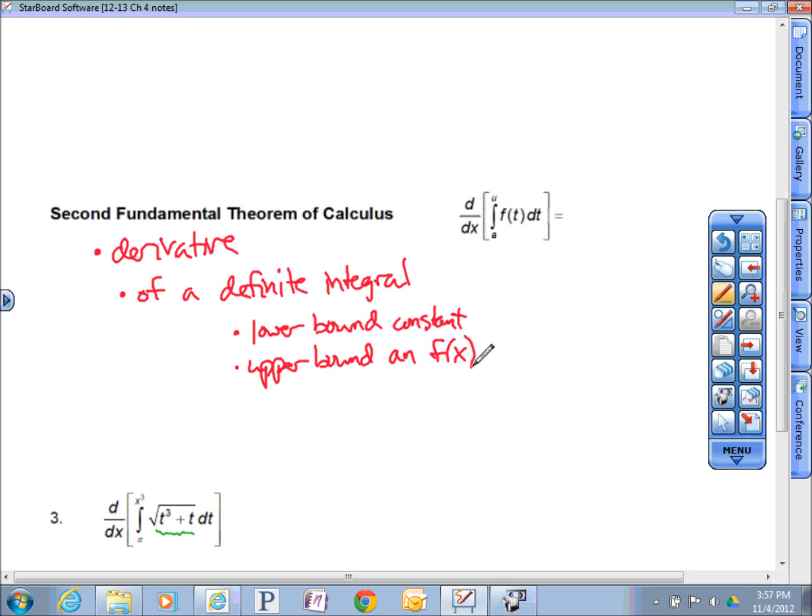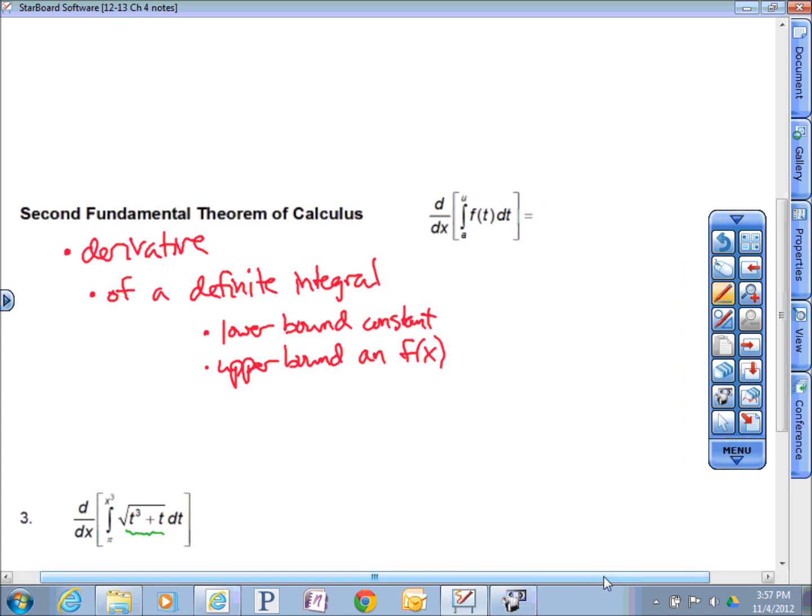If you meet all of these rules, like we do right here, we're supposed to take the derivative with respect to x of this definite integral, where u is a function of x and a is constant.